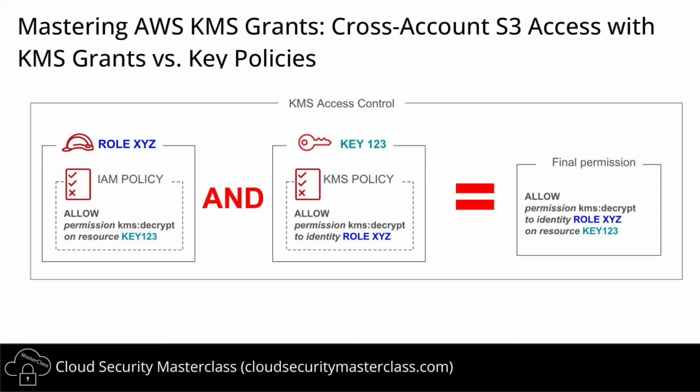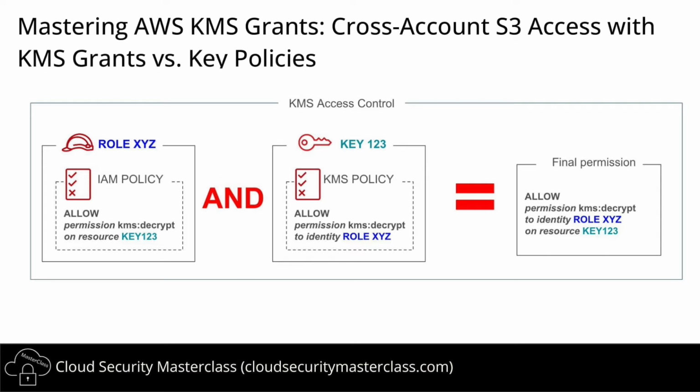So in the traditional KMS access control model, which you should all be familiar with, whether you are providing access within a single account or you're providing access across multiple accounts, you need to grant the specific permission in both the IAM policy as well as the KMS key policy. So think of this as a math equation, right?